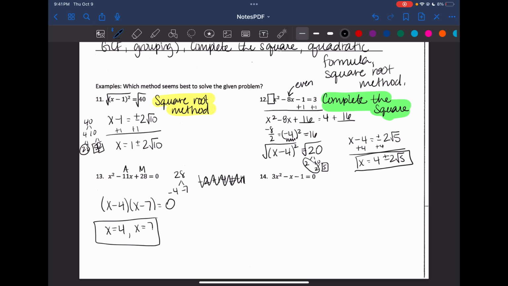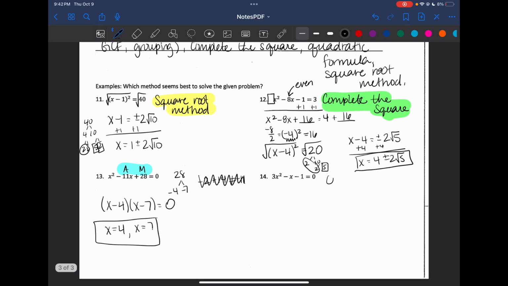Now, I could go ahead and try factor by grouping, but I know how that's going to go, and I don't think you guys want to do factor by grouping. So we're not going to do factor by grouping, and instead we're going to use the quadratic formula because it's always going to work.